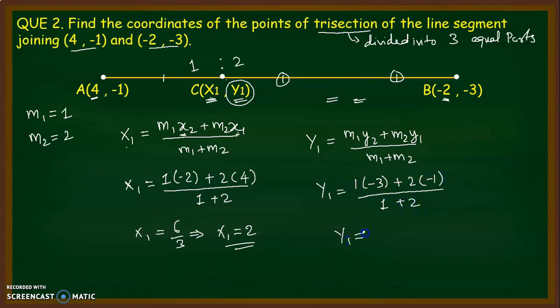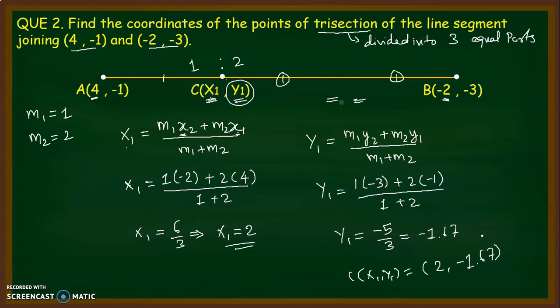So you will get Y1 equal to -5 divided by 3, that is equal to -1.67. So this is the coordinate of point C. The x coordinate of point C is 2 and y coordinate is -1.67.